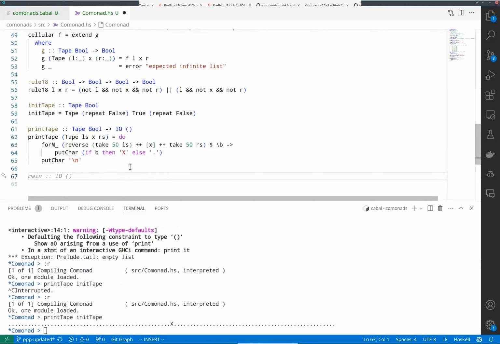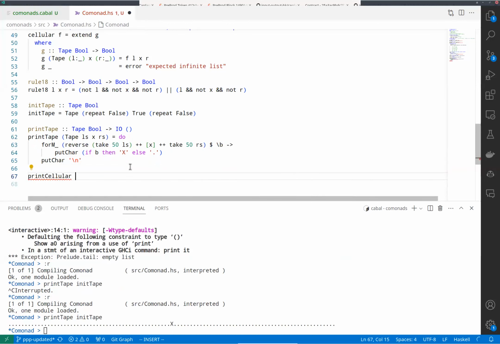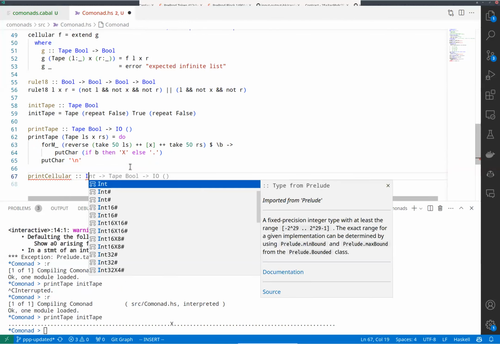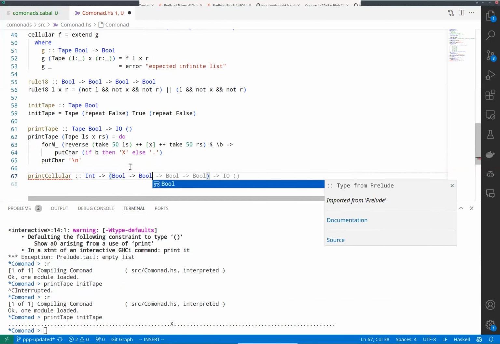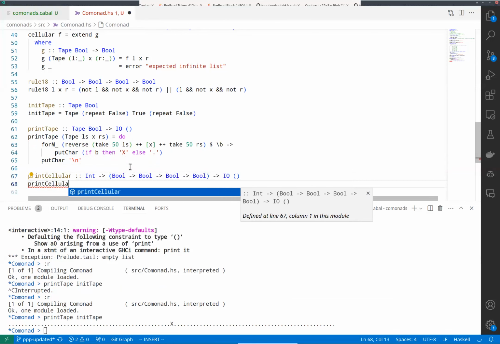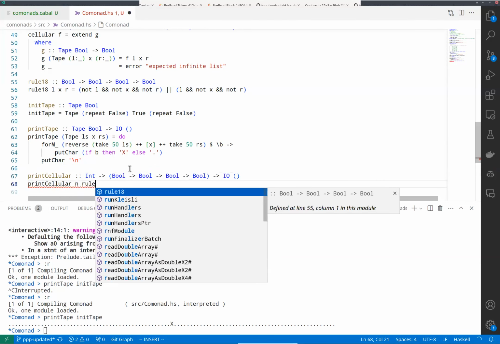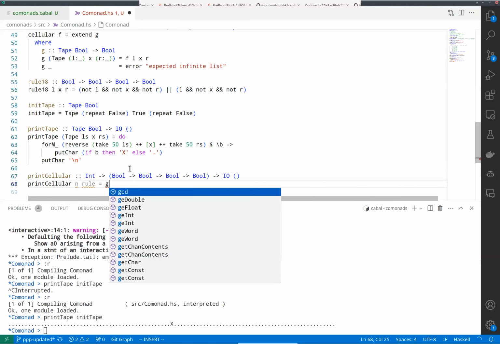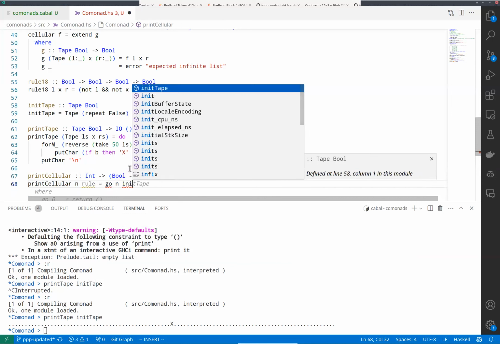And now let's say print cellular, Int, bool, IO. Print cellular n rule, go n init tape.